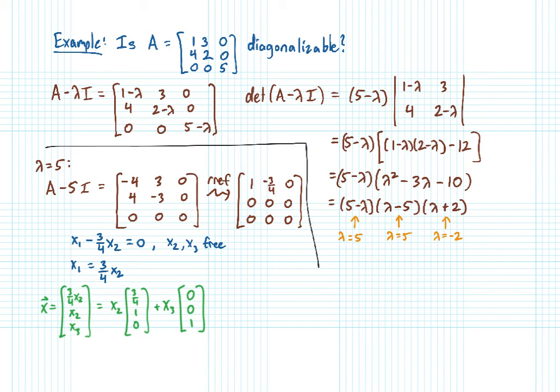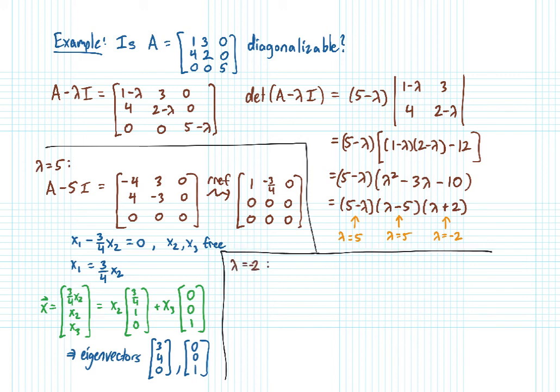And maybe this is a good place to point out that you can rescale these eigenvectors, because you'll still have eigenvectors when you rescale them. And if I don't want that fraction, that 3/4, I can just multiply that vector by 4, and it'll still be just as good of an eigenvector as before. So the eigenvectors we get are (3, 4, 0) and (0, 0, 1).